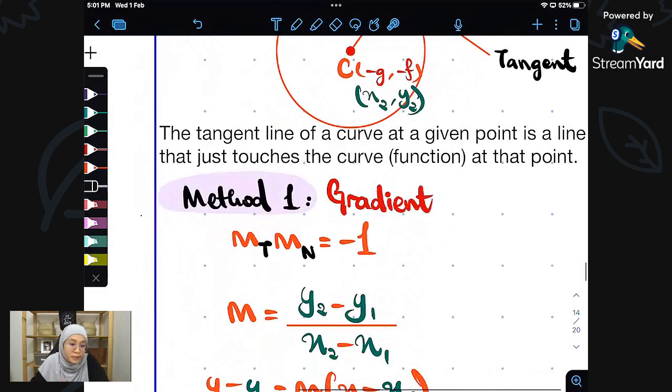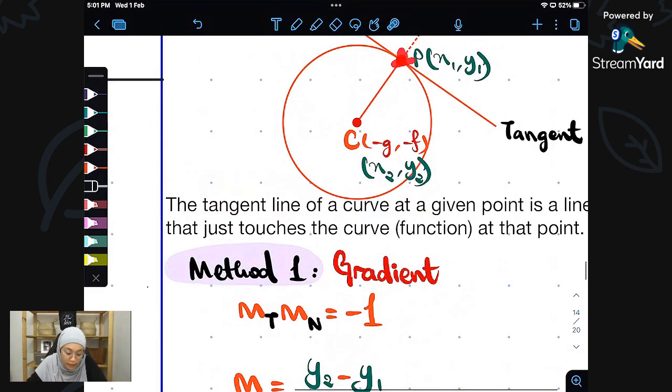So there are a few methods to find the equation of tangent from this circle, okay? Method one is finding the gradient first. Finding the gradient is just m equals y2 minus y1 over x2 minus x1, which I believe we have seen before during your SPM level. There are two points here, point P and point C, for example.